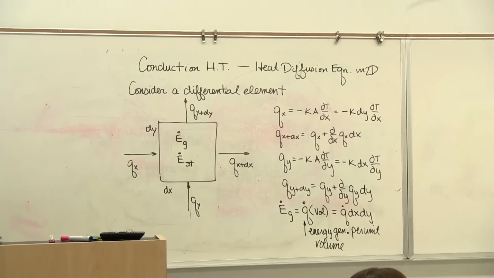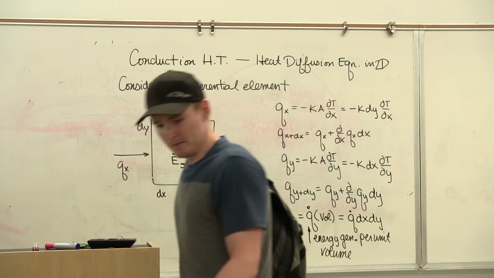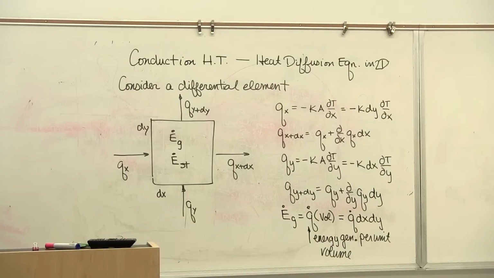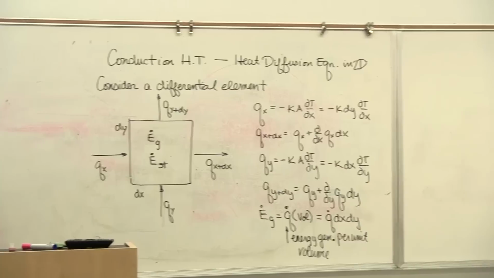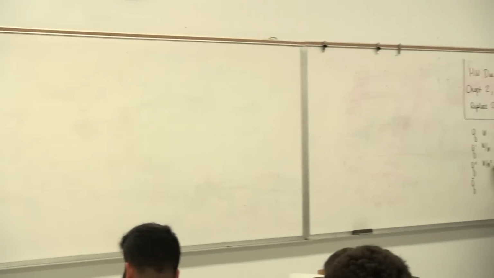So here are our q's now. Q all by itself. Q prime. Q double prime. Q dot. They're all different, but they're all q's. The first one, watts. The second one, watts per meter. The third one, watts per square meter, heat flux.